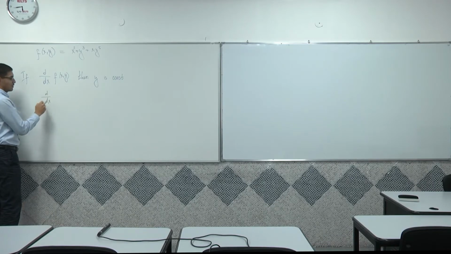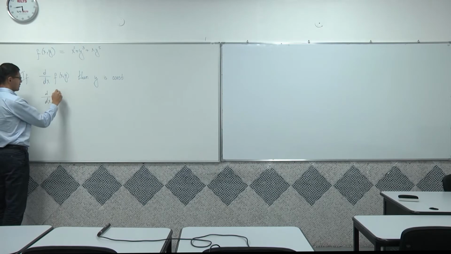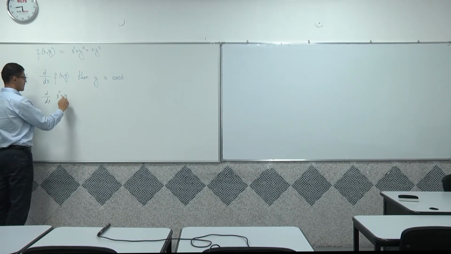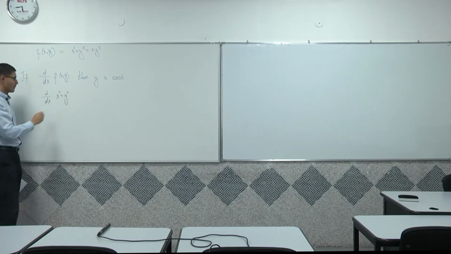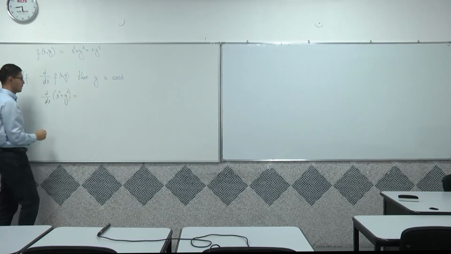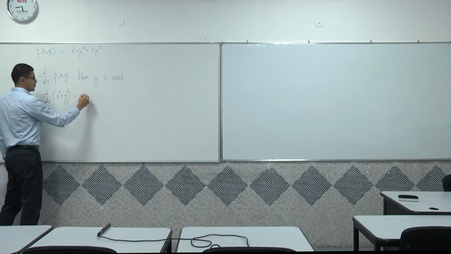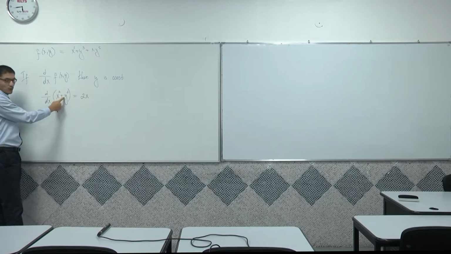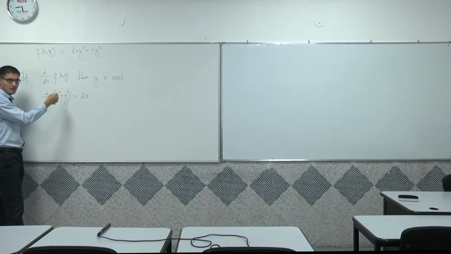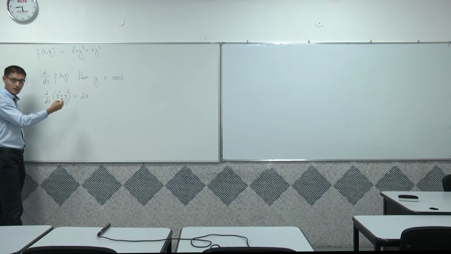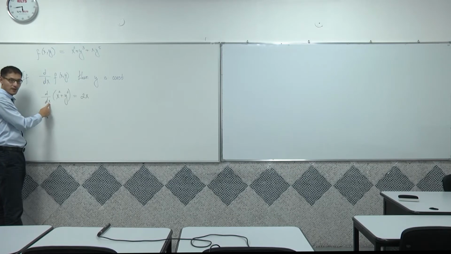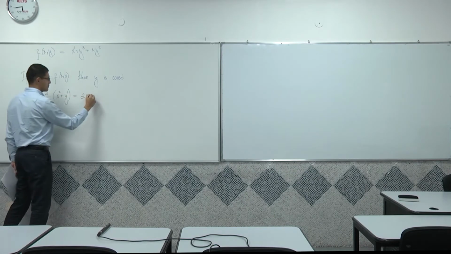Let's say we want to take the derivative with respect to x of something as simple as this. Okay, so the derivative of x squared with respect to x is just 2x. Now, we said y is a constant, and if y is a constant, then y cubed is also a constant, so the derivative with respect to x would be 0.